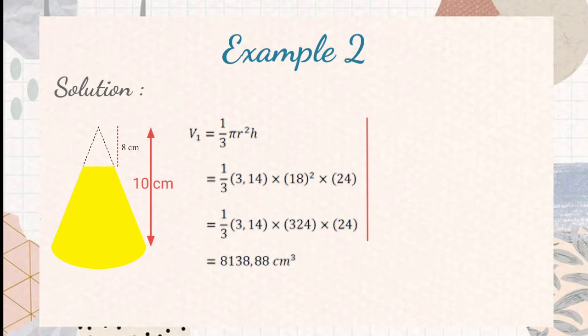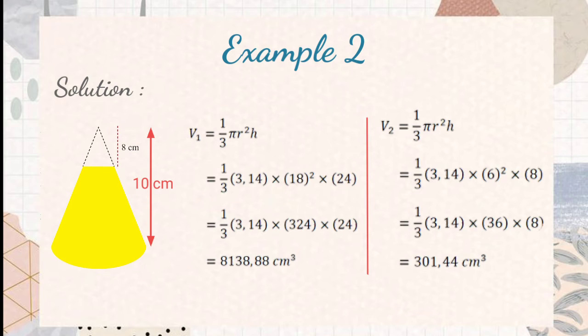Next, we calculate the volume of the small cone. Volume 2 equals 1/3 times pi times r squared times h. Then, insert r is 6 centimeters and h is 8 centimeters.